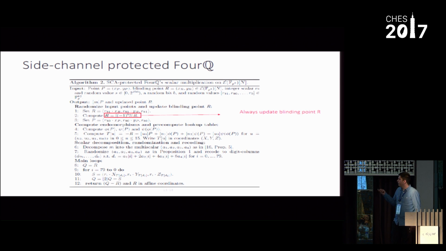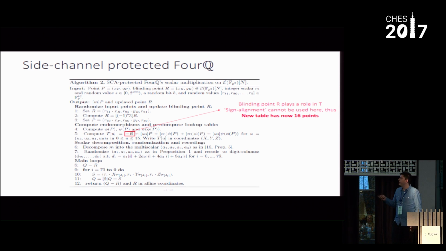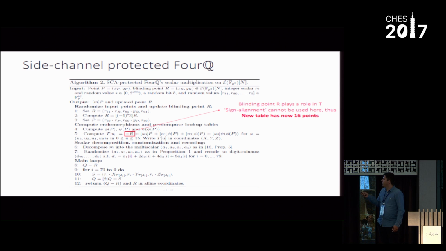And we always do this. Also, to compute the table I mentioned in the beginning, now we need to blind the table as well with R. So it turns out that we do not have this nice property of sign alignment anymore. But in this case, the table is the usual table size, which is 16 points.